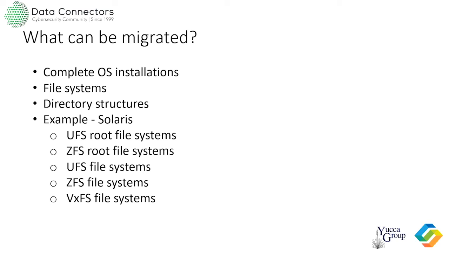Because our background is in Solaris, we're using that as an example. You can migrate UFS root and normal file systems, ZFS root and normal file systems, VXFS file systems as well, and those are just a few. Anything that's basically on Solaris or any of these other operating systems.